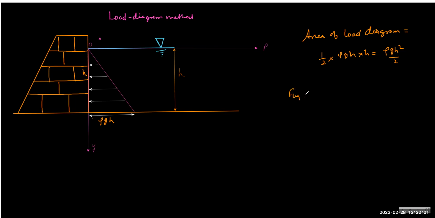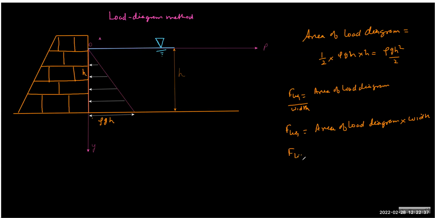So force due to liquid is the area of the load diagram into width, because what you're looking at is the cross-sectional view, and the dam is spread along the width.